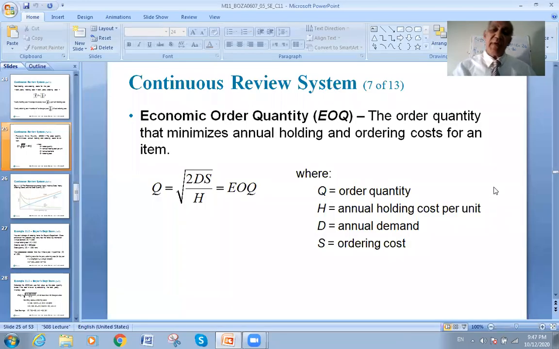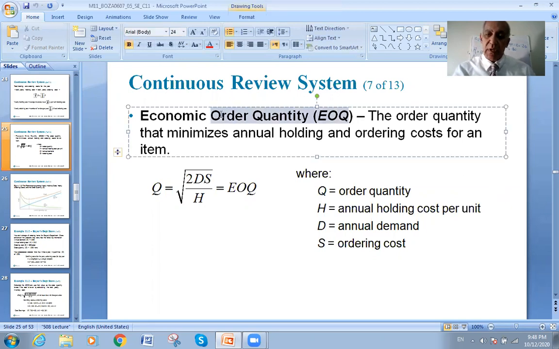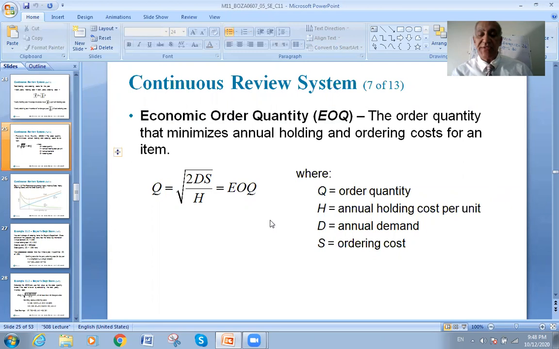The second very important relationship here is the economic order quantity, EOQ. The economic order quantity means the quantity of stock which I have in my inventories that will reduce the total costs to the lowest cost.